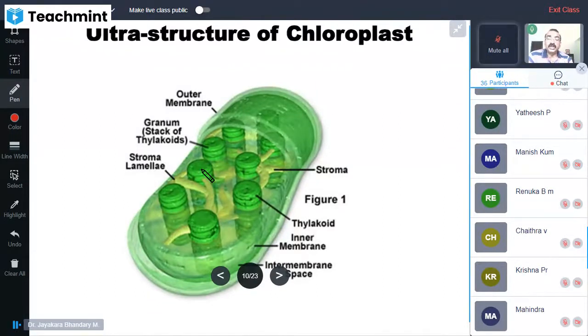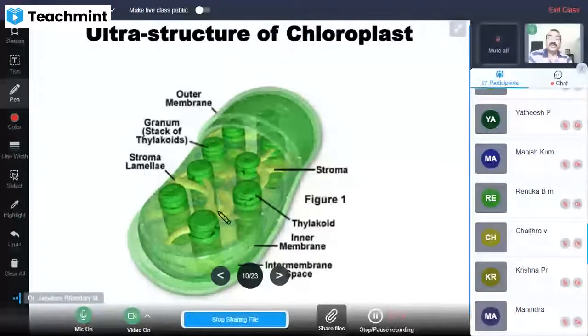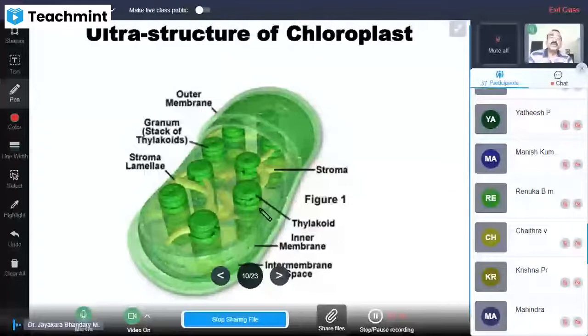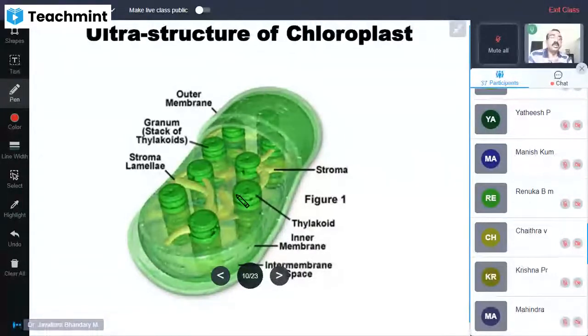There are many grana, and between adjacent grana there are interconnecting thylakoids which are called stroma thylakoids or stroma lamellae, and the outer space is filled with the fluid which is called stroma. Now this stroma has all the enzymes necessary for dark reaction. So stroma is the place where dark reaction takes place, whereas the thylakoids or grana are the place where light reaction takes place.